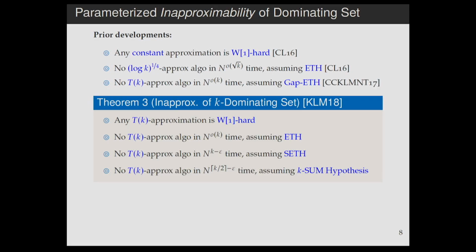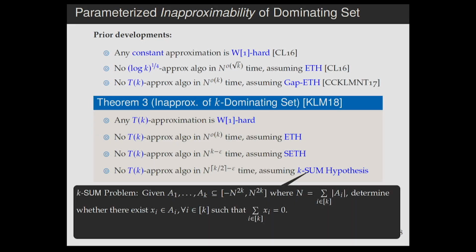And finally, this might be a little bit strange, but we will also show a lower bound under the k-SUM hypothesis as well. It's kind of nice to demonstrate it as part of an example of this framework. Amir already mentioned the k-SUM hypothesis, but let me state it again because we will use it. In k-SUM, you have k sets A_1 to A_k, where each set consists of at most n numbers.